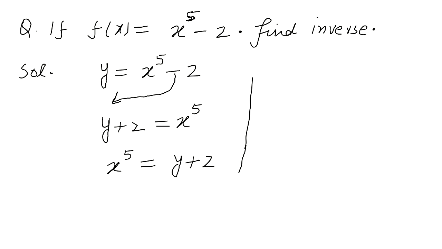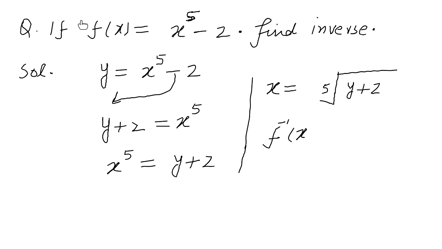To remove the power 5, take the fifth root. So x equals the fifth root of y plus 2. So this x is the inverse, and finally this y changes to x: f inverse of x equals the fifth root of x plus 2.